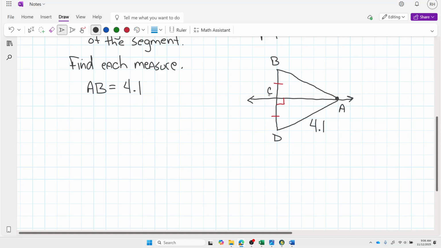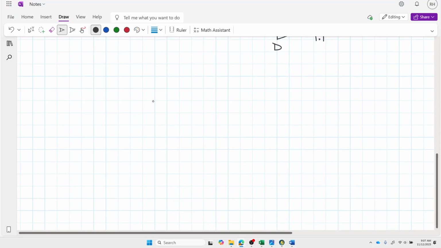Now, if you had this same picture and you needed to, no, we're going to draw a new picture. Let's go this way again. We're still doing example 1. It's the next diagram on page 325.